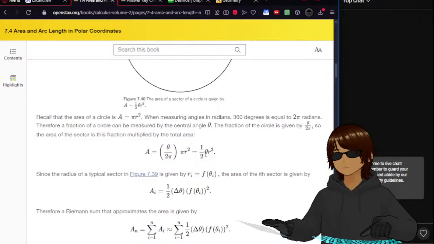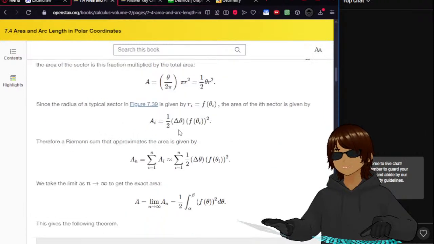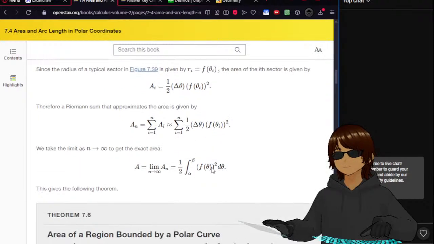You're left with half theta r squared, where theta is in radians. So A1 is this. We just substitute in the values, and then the sum of the area is this. So the integral would be, alright, to read this.